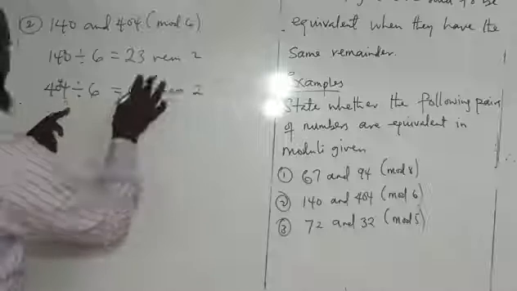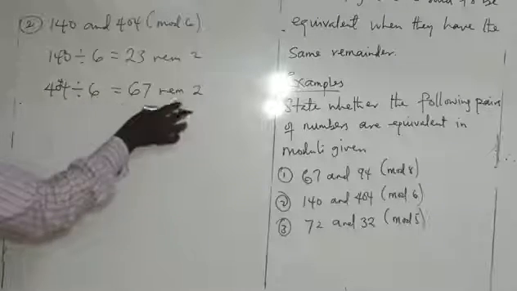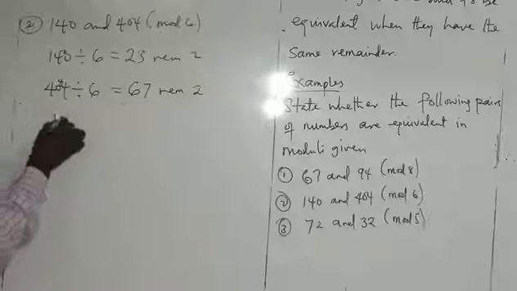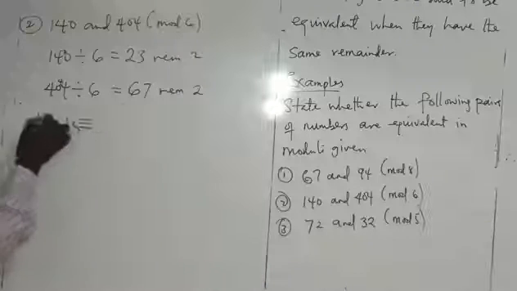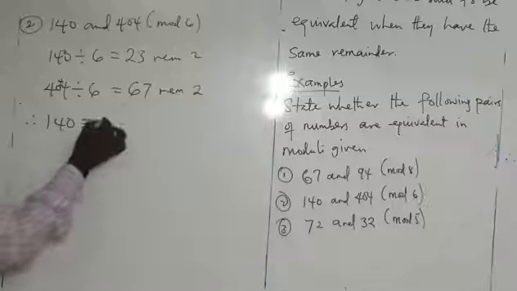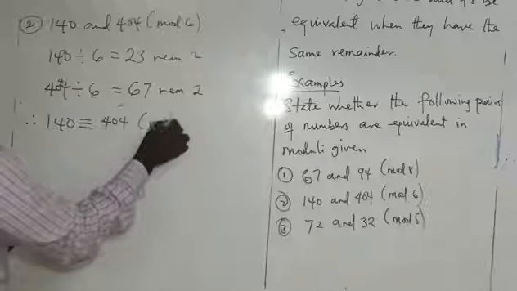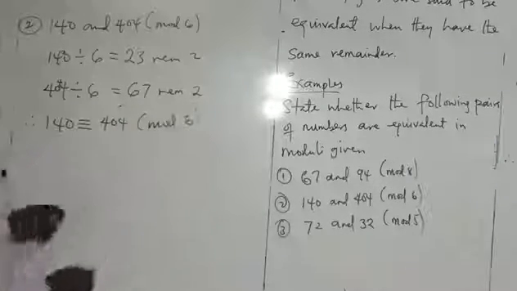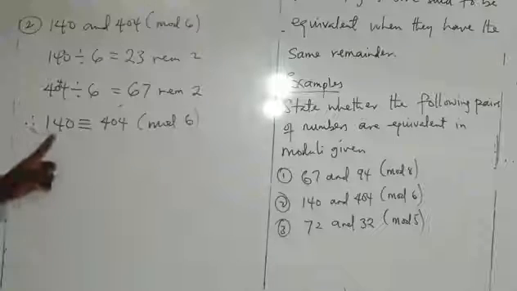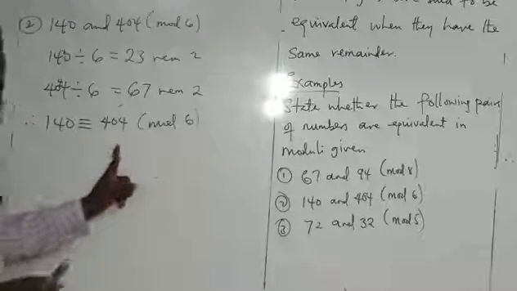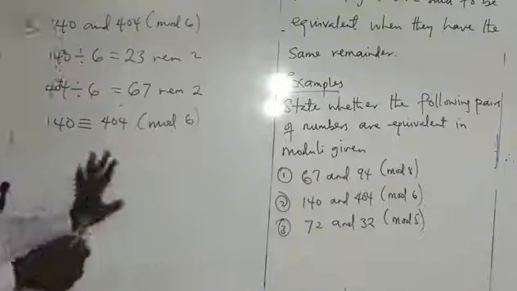Remainder 2. So you can see they both have the same remainder. So we can conclude that 140 is equivalent to 404 in mod 6. In this mod, 140 and 404 are equivalent. They have the same remainder.